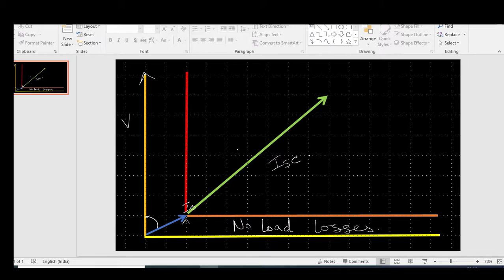So let us draw a line that is perpendicular to our ISC.